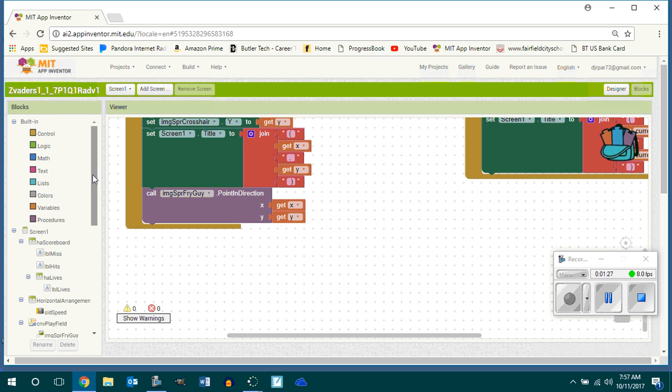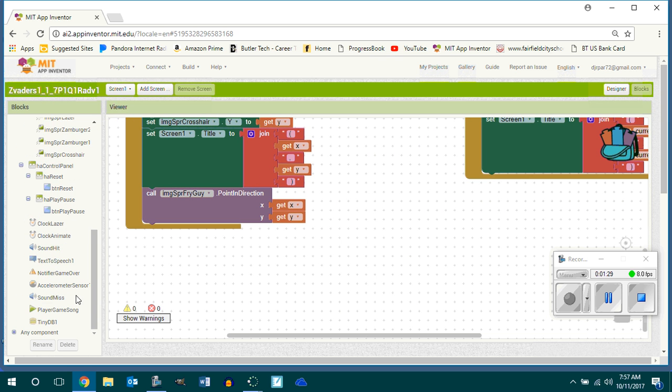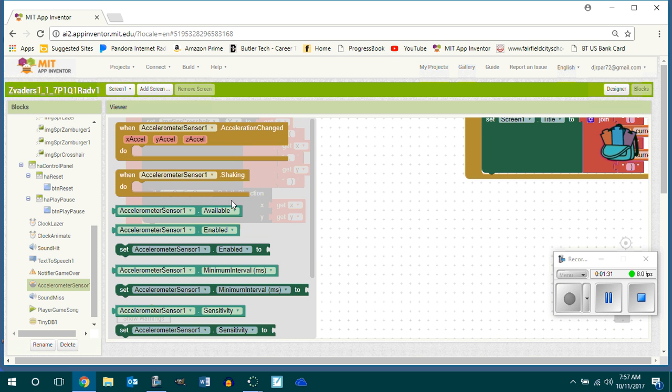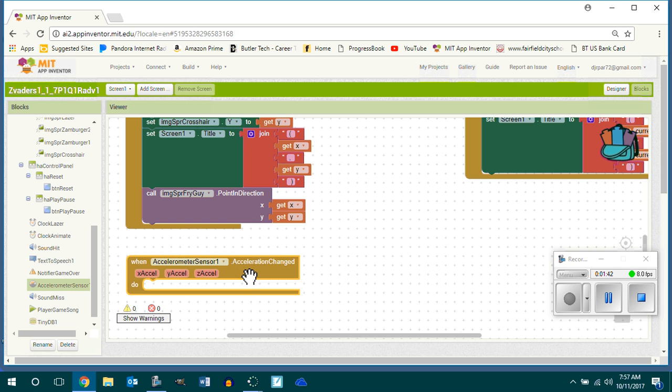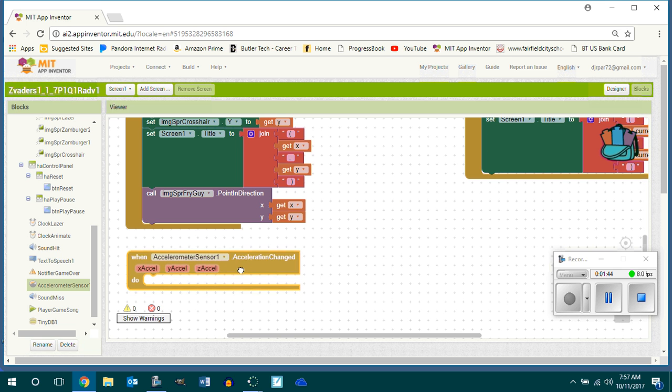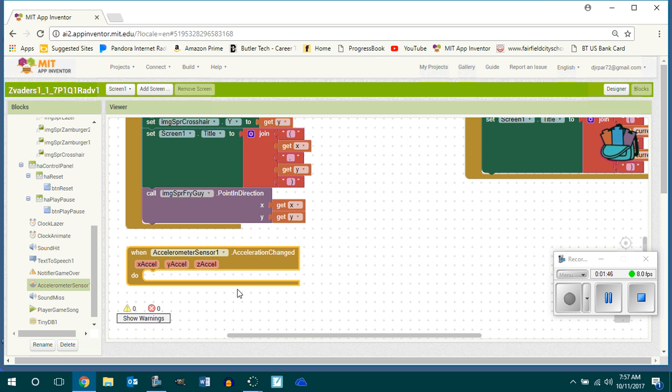Let's go into the accelerometer, and there's when the acceleration's changed. Here's X acceleration, here's Y acceleration.